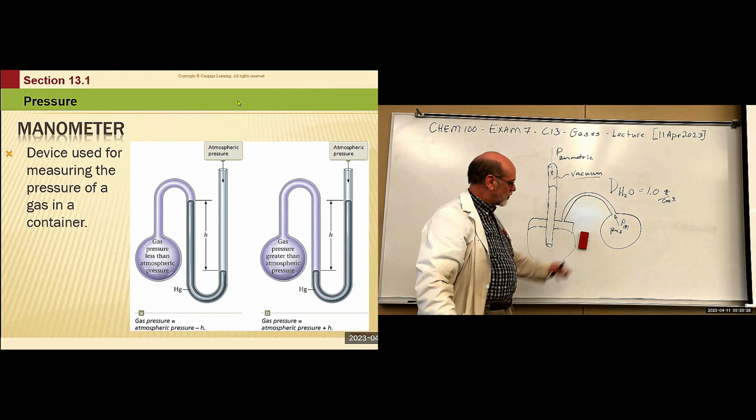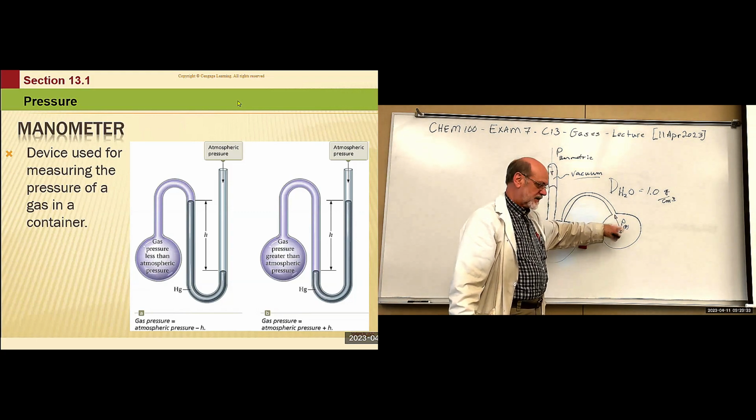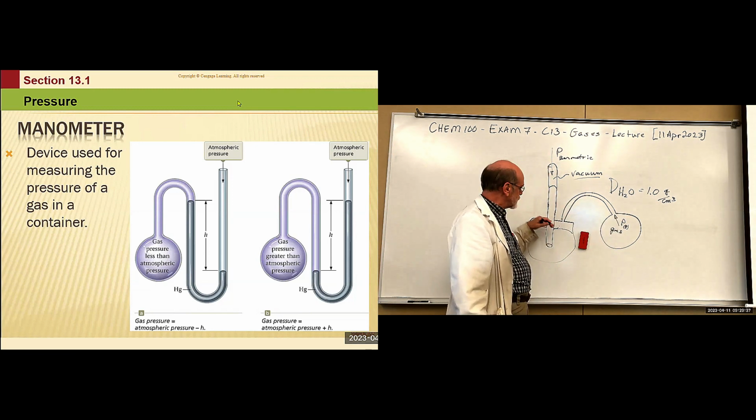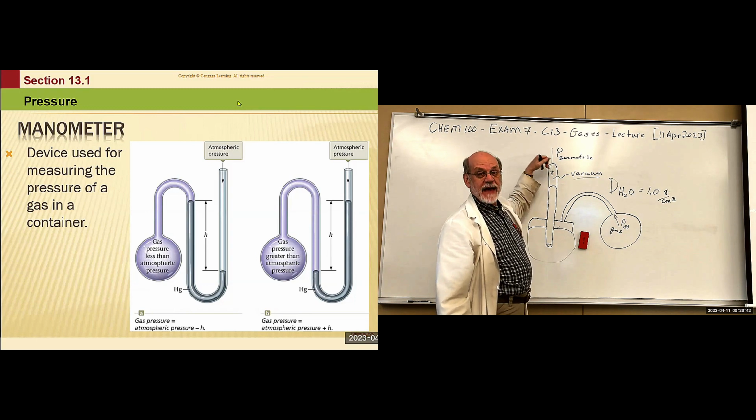So the pressure in the gas in the cylinder has to exert pressure sufficient to raise the column of mercury and offset the atmospheric pressure.